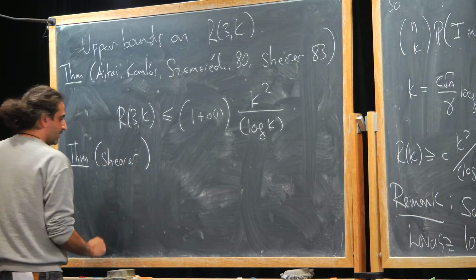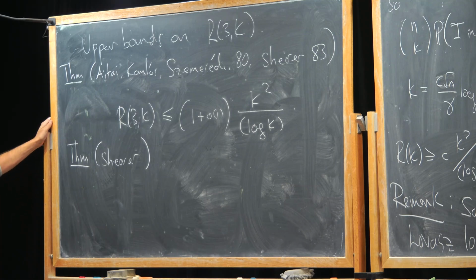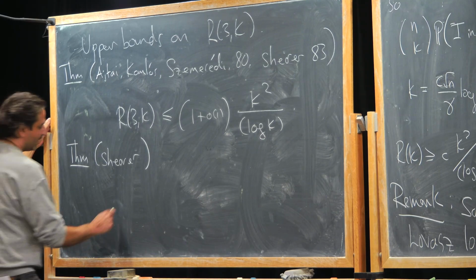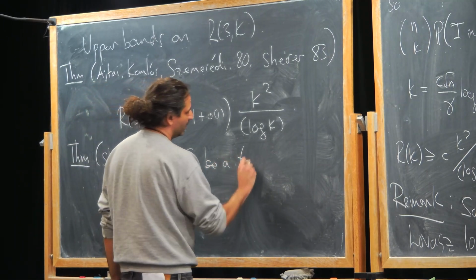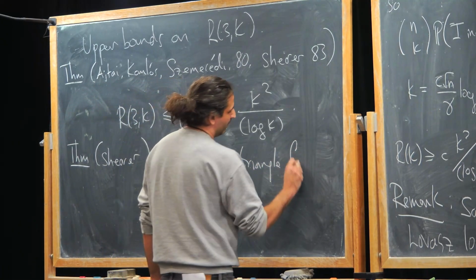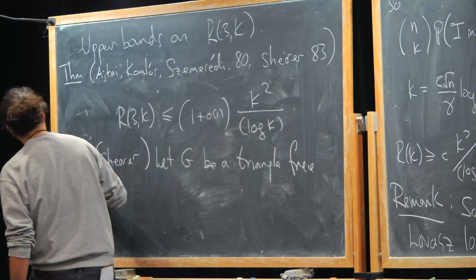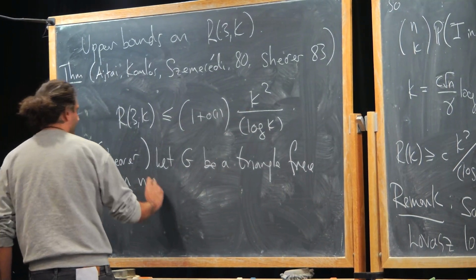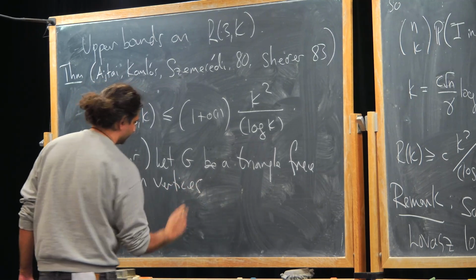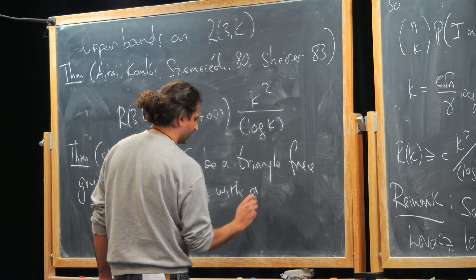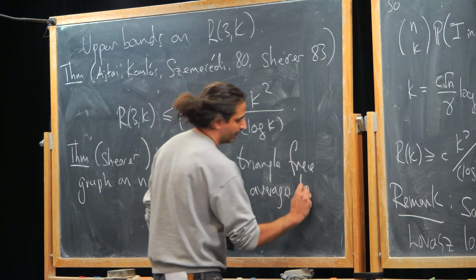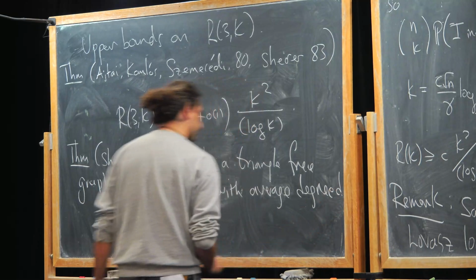The following is a general bound for the independence number in triangle-free graphs, which, as we already know, is the whole game for R(3,k). What's going on with the independence number in triangle-free graphs? So let G be a triangle-free graph on n vertices with average degree d.